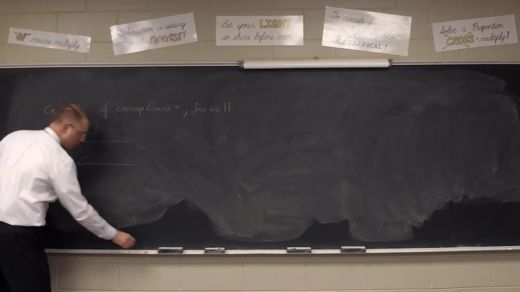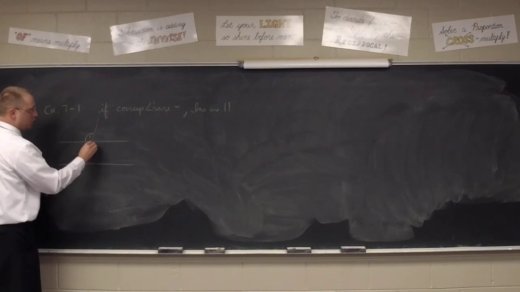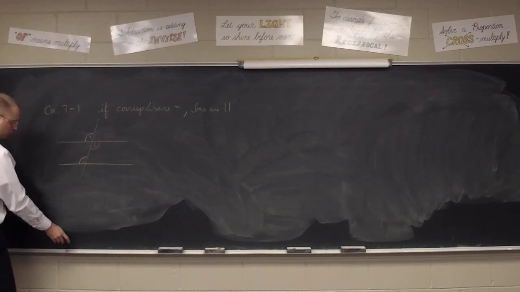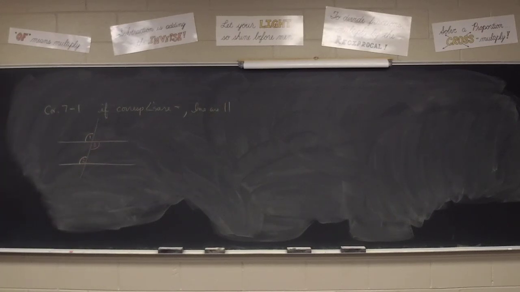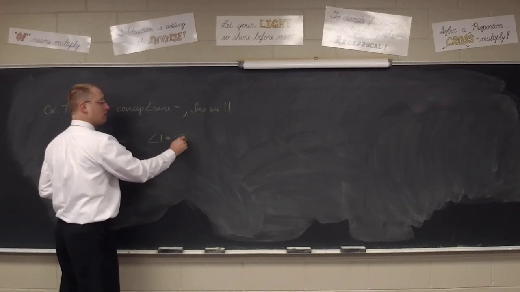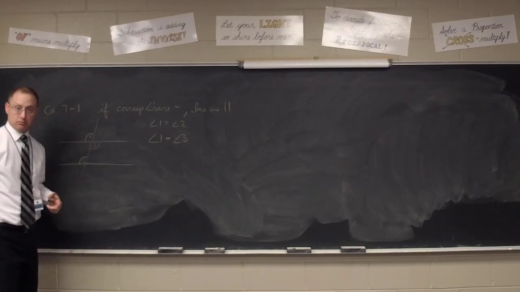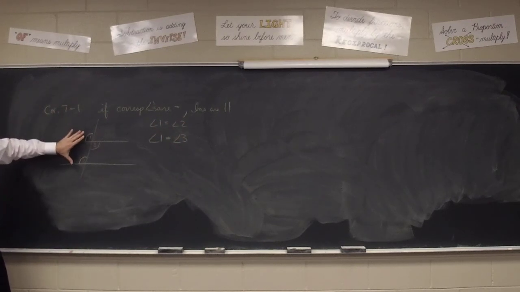The question: what is true about, I'll call this angle 1, I'll call this angle 2. Let me call this angle 3. What's true about 1 and 3, class? They're vertical. So therefore, angle 1 and angle 3 are equal. We are given angle 1 equals angle 2, right? Given corresponding angles equal, proving lines parallel.